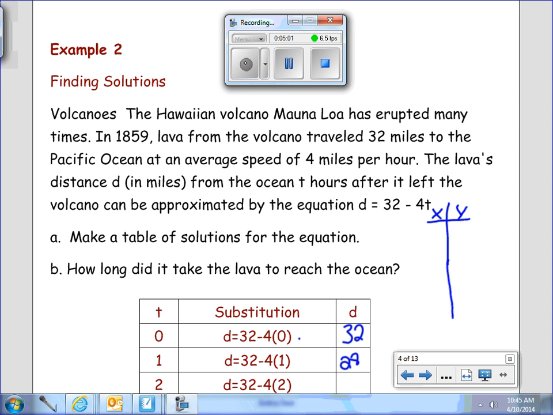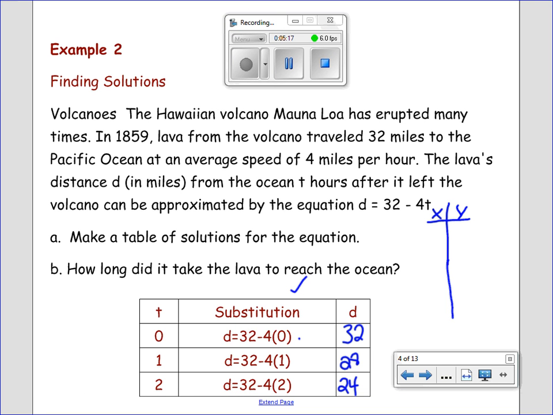So there would be 28 miles left to travel after 1 hour. And then if you substituted 2 in for the formula, you would get 24. So the equation that they've given you is here in this column. Your T is for time and your D is for the distance. So you could set this up in a table similar to this.